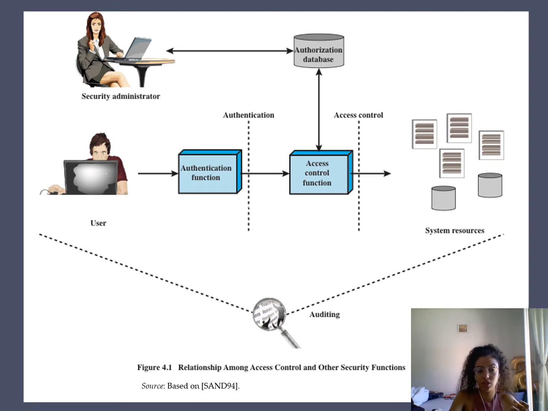And an auditing function monitors and keeps a record of users' accesses to system resources. In the simple model that we have in this image, the access control function is shown as a single logical module. In practice, a number of components may cooperatively share the access control function.